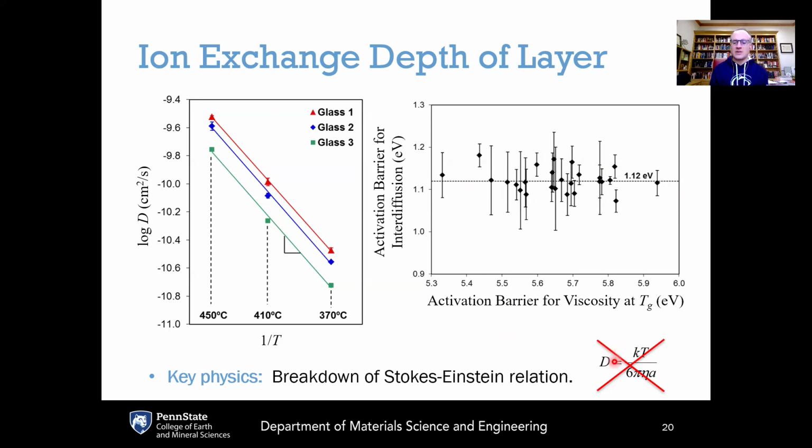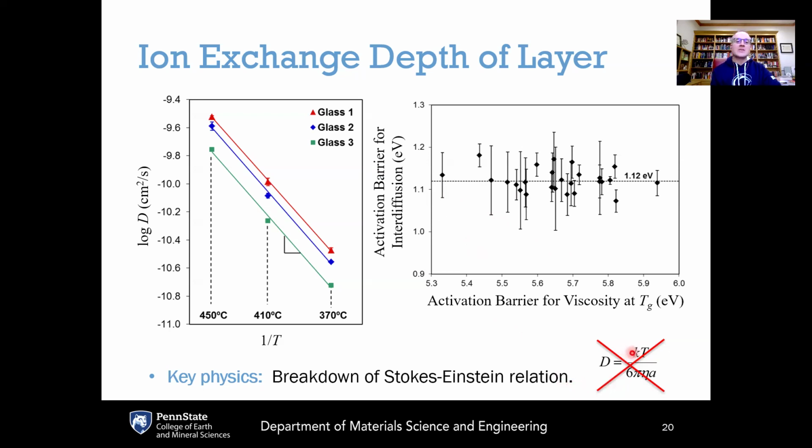So the Stokes-Einstein relation says that the diffusion coefficient is governed by viscosity, which means that there should be a direct relationship here between the activation barrier for viscous flow and interdiffusion coefficient. Instead, there's no relationship whatsoever. So it's a complete breakdown of the Stokes-Einstein relation.